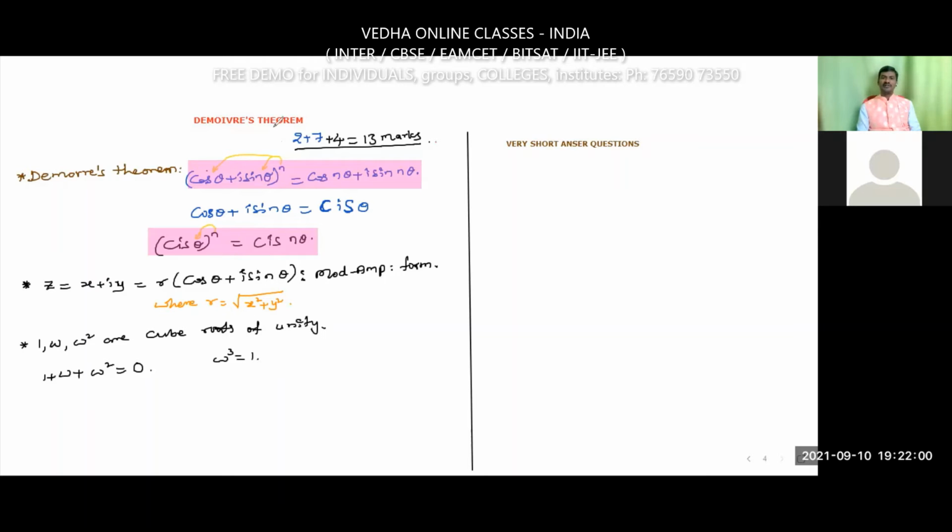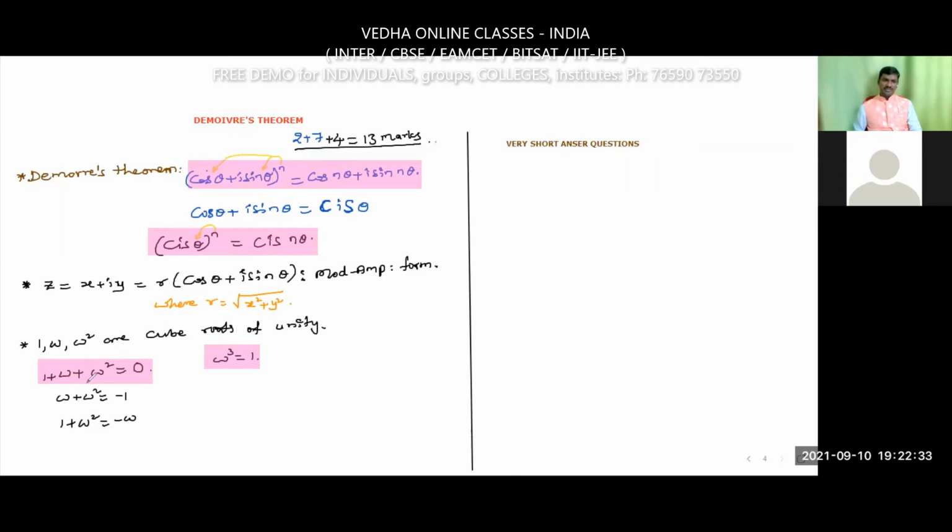These two are very important. Repeatedly we use these. From 1 plus omega plus omega square equals 0, omega plus omega square is equal to minus 1, or if you want 1 plus omega square, then it is minus omega.